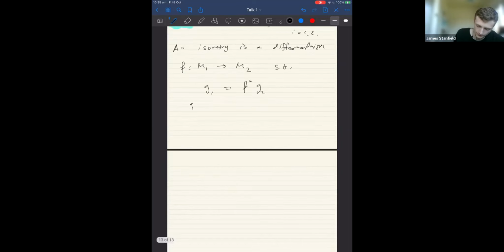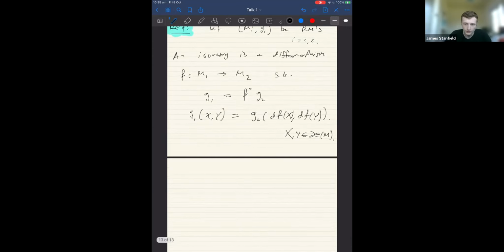And what does that mean? I haven't defined what that is. If you like, G1 of X, Y is just G2 of the differential of F applied to X and the differential of F applied to Y. Okay, so this is for X, Y in the vector fields. So this is a lovely concept.